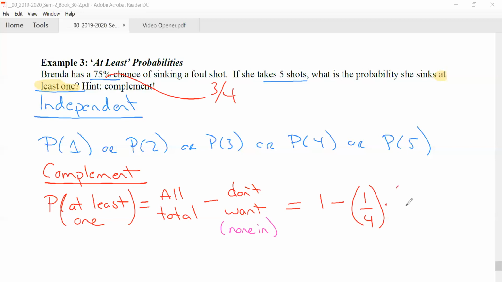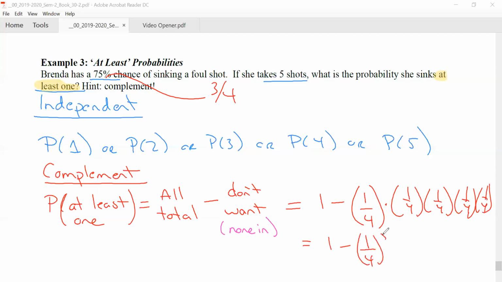So 1 out of 4, 1 out of 4, 1 out of 4, 1 out of 4, 1 out of 4. Or let's write this in a better way: 1 minus 1 over 4 to the exponent 5. There we go. What we're going to get here is a really small number. That's 1 minus 1 over 1024.